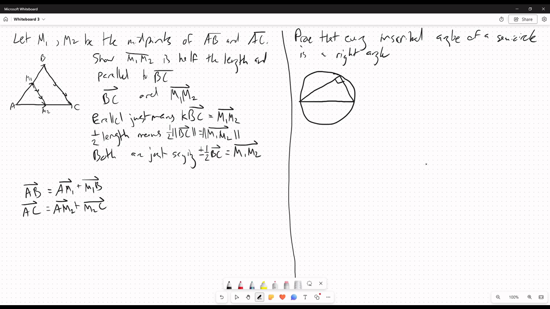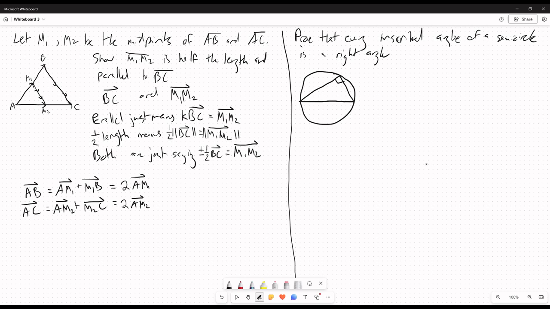And similarly, AM2 and M2C are both the same length and both point in the same direction. So we can actually rewrite AB as 2AM1. We could have also done 2M1B, but my gut just tells me that this is what I'm going to want. So AC we can also write as 2AM2.